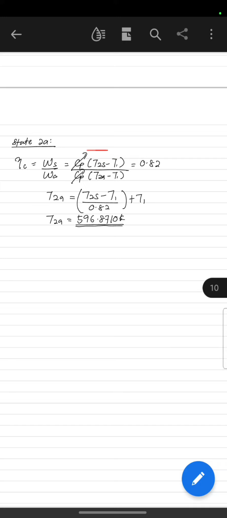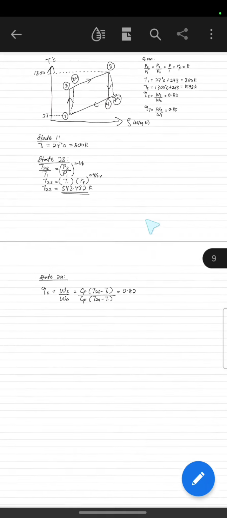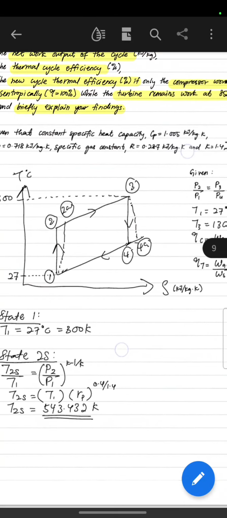You can cancel out this Cp term because it's the same value. Next, you already found the T2S value, T1 is already given, and 0.82 is the isentropic efficiency. So you plug in all the values and it will give you T2 actual. So where does this T2 actual sit? This T2 actual is actually at this state over here.